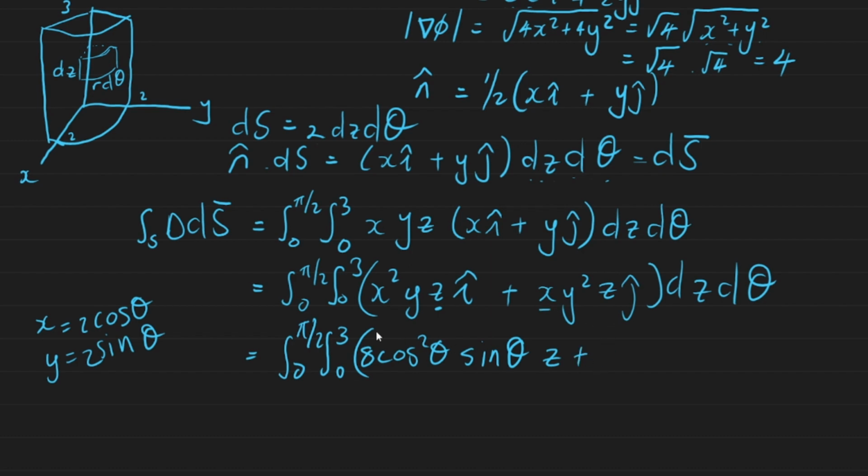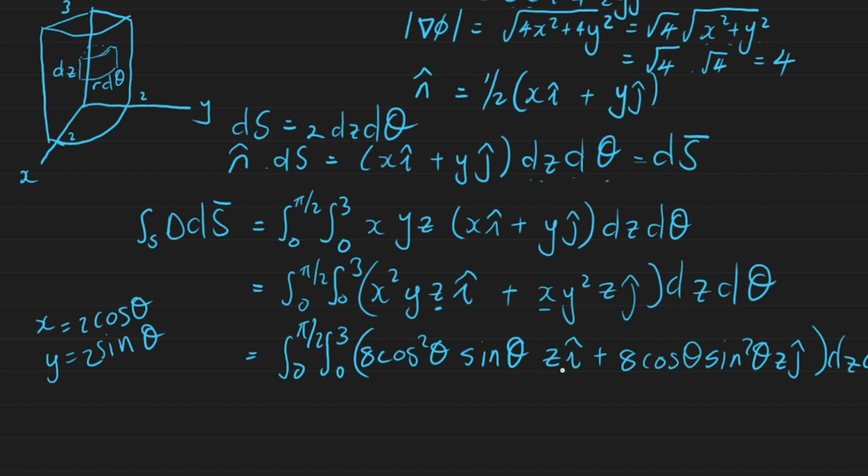And then here we have x, so 2 cos theta times y squared. So it's again 2 squared, which is 4. 4 times 2 is 8. We have 8 cos theta sine squared theta times z in the j direction, and then dz d theta.